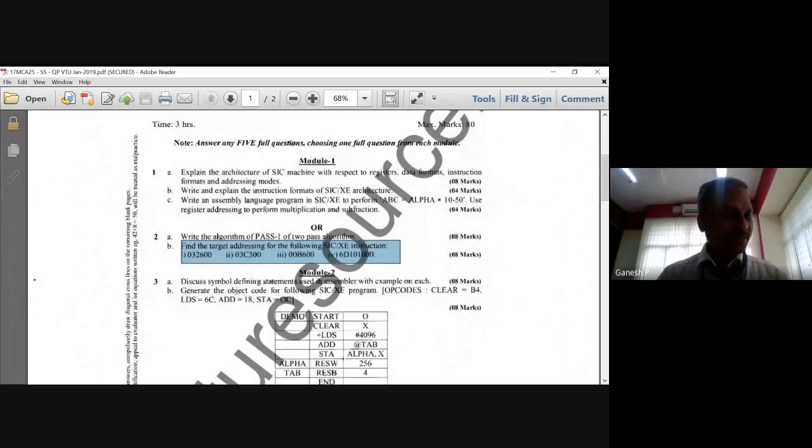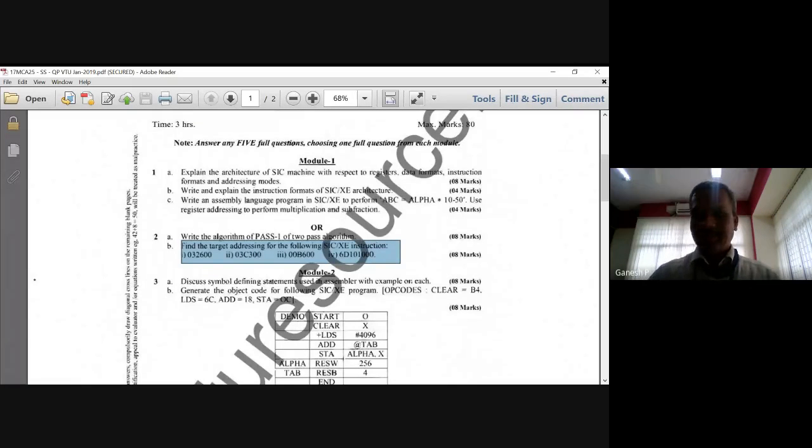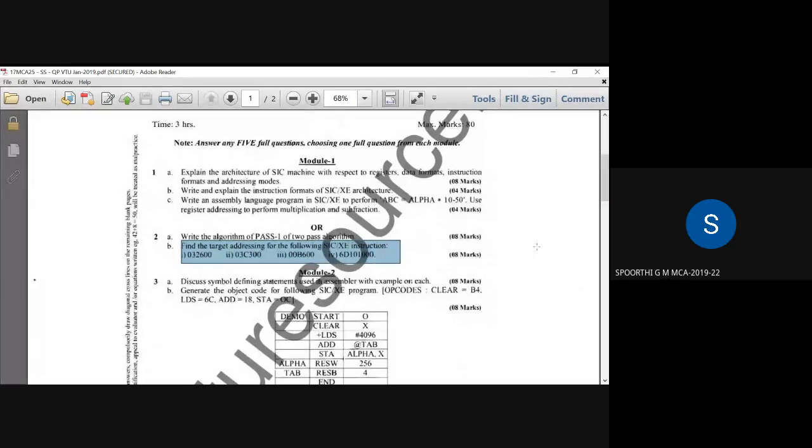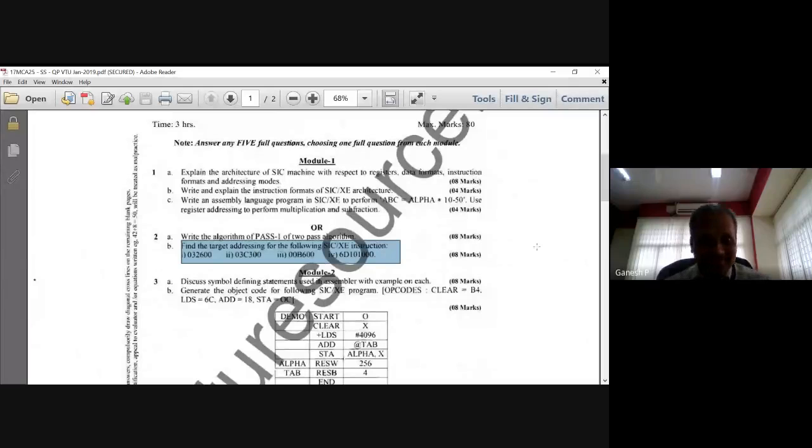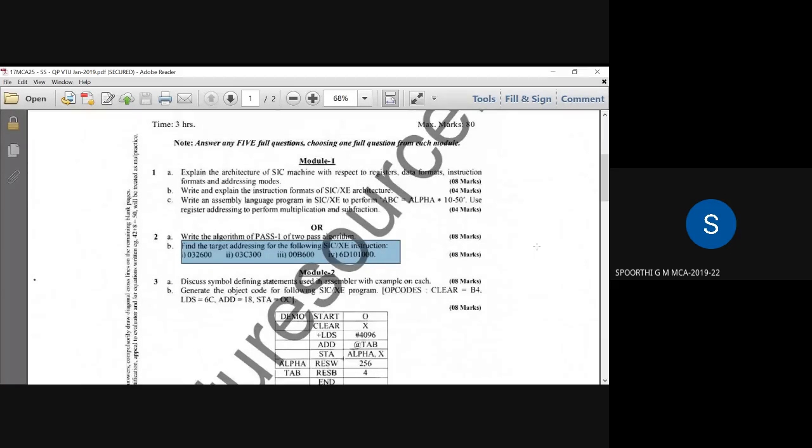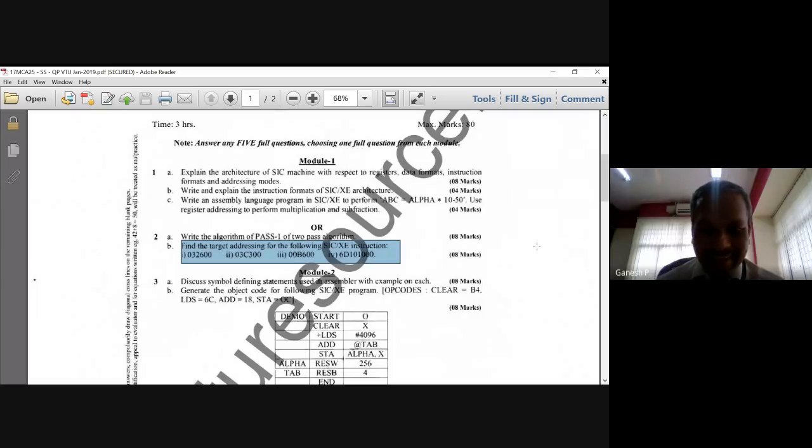May have some answers, solutions. Anybody has done? Find the target address of the following instructions. Sir, they give the PC value here. They are not given. Yes, perfect.